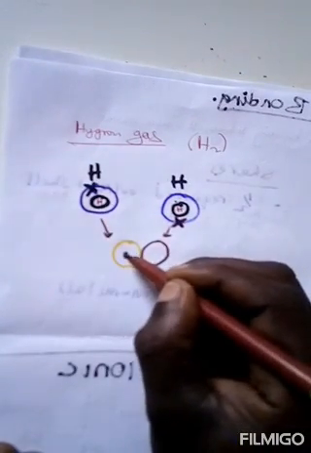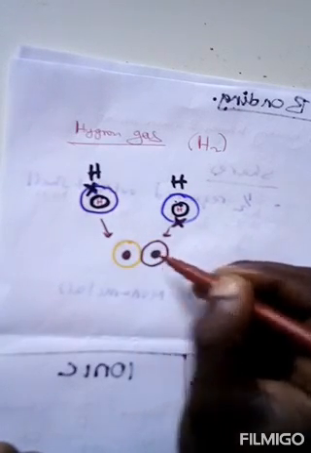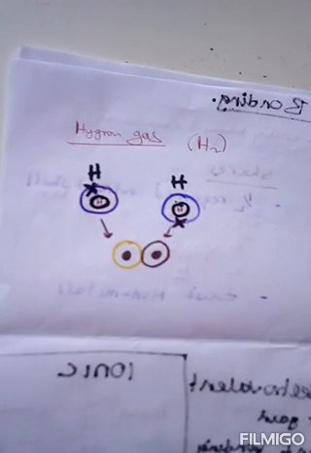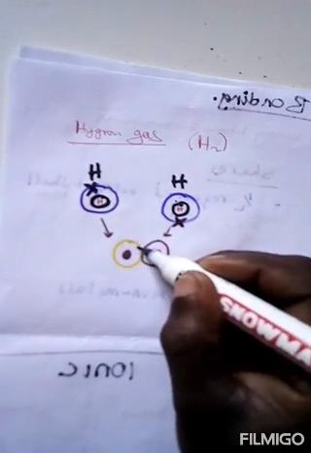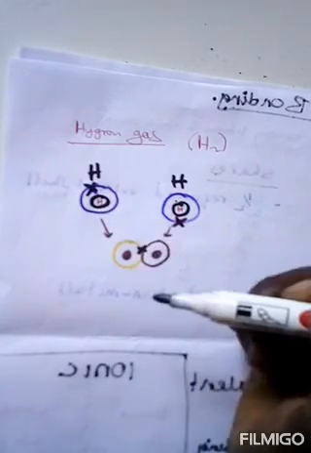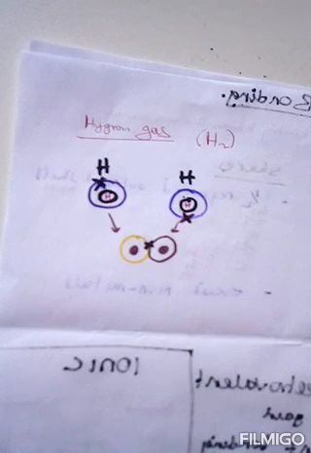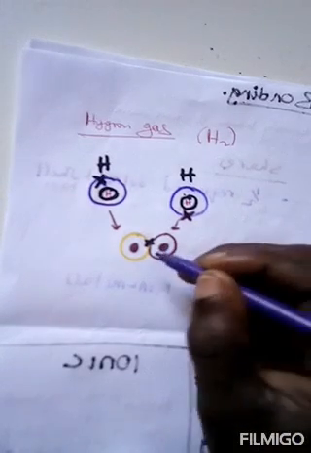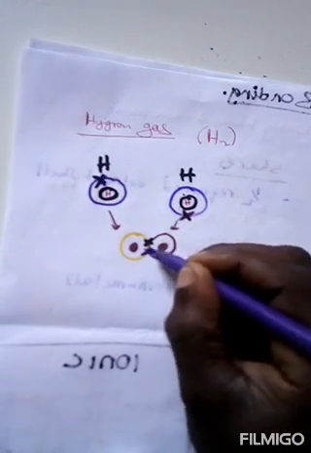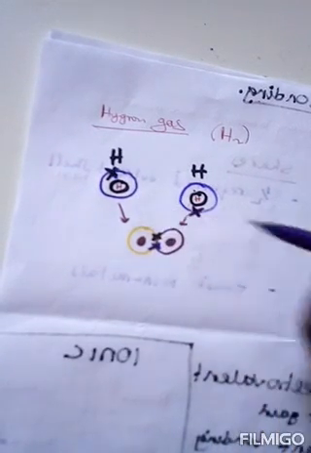This is the hydrogen here, this nucleus, and this is another hydrogen. What they will do is this hydrogen will come with its own electron and put it here. So this electron is coming from this hydrogen. Then this hydrogen also brings its own electron and puts it here. So this electron is from this hydrogen, and this electron is from this hydrogen.